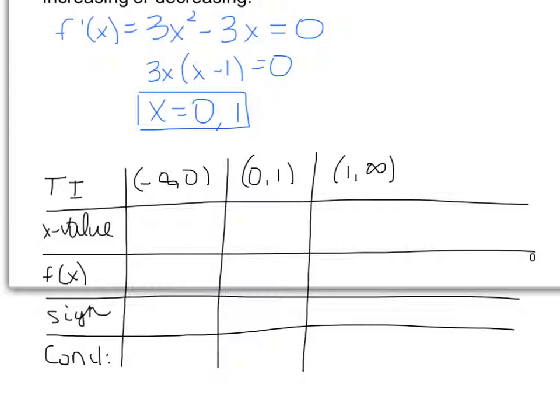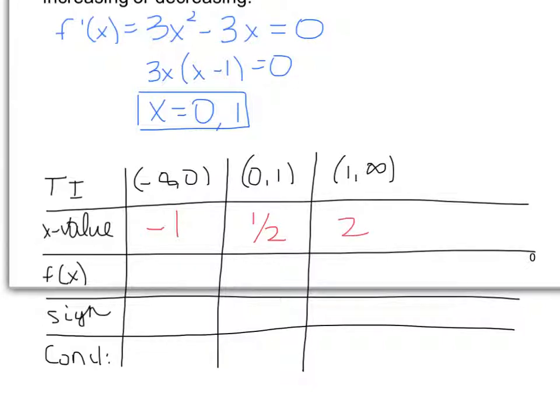The next thing I'm going to do is pick some value between negative infinity and 0. And in this case, I'll do negative 1. On the interval from 0 to 1, I'm going to pick a number between 0 and 1, and that will be 1/2. And from 1 to infinity, I'm going to pick 2.